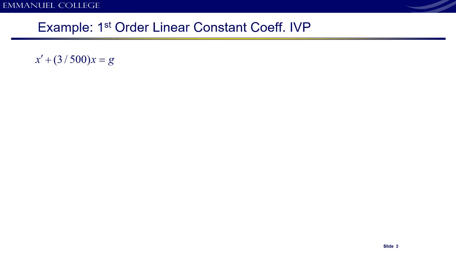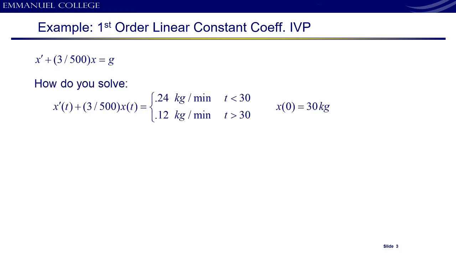I'll shout it at the very end of this video, probably because it'll pop into my head then. But the problem is, even if we did find that integrating factor, how do you deal with a piecewise function? That's 10, not 30.